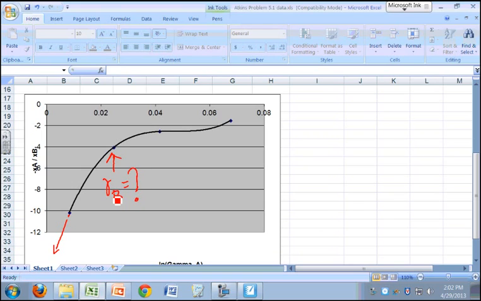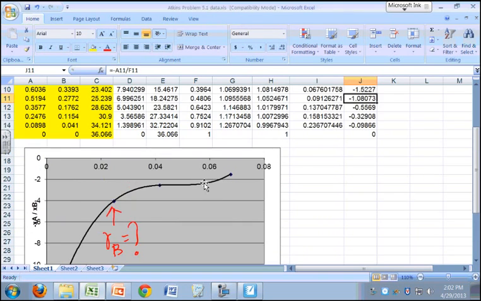What's gamma sub B for that going to be? What is the activity coefficient of component B for that particular solution?